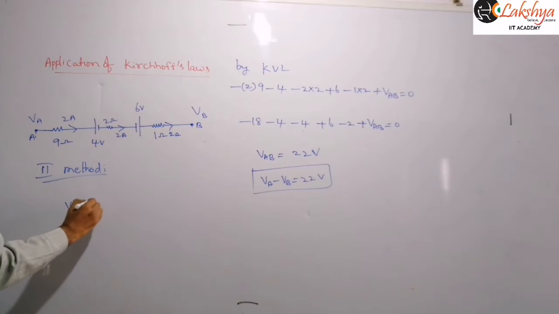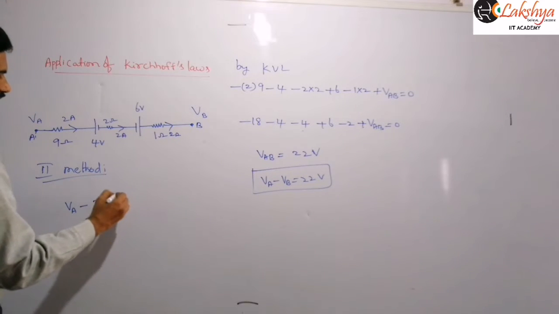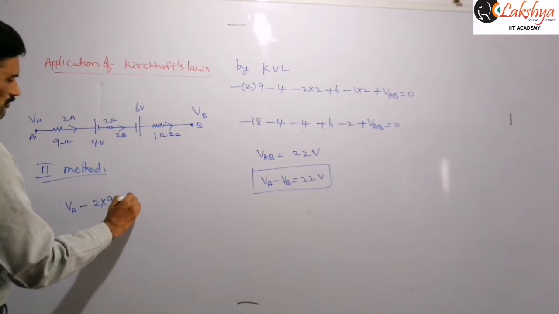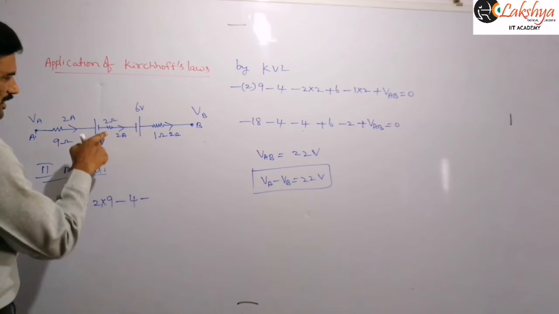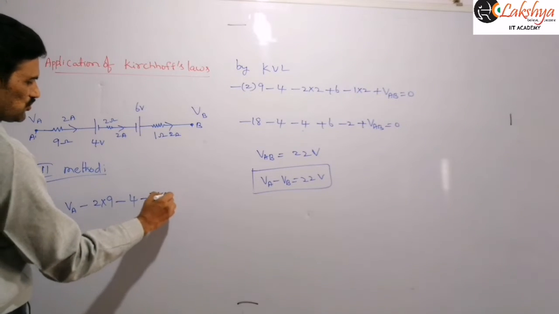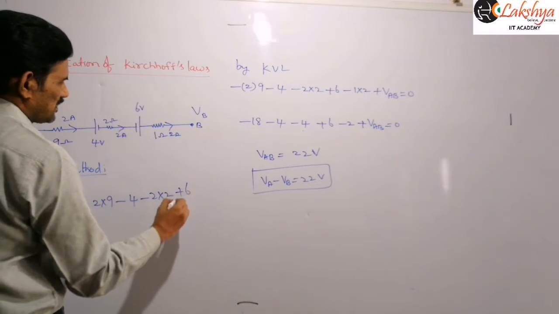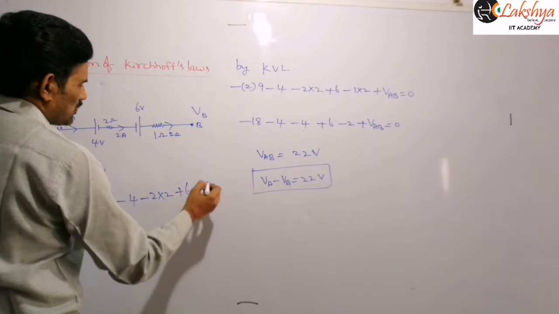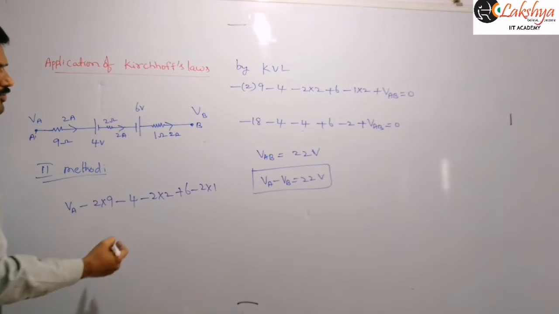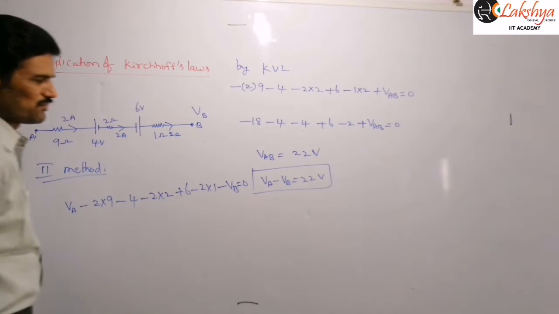So minus IR, that means 2 into 9, and this is again minus 4, we are traveling from positive terminal to negative terminal, and here in the direction of current 2 into 2, and here positive to negative to positive, so it is plus 6 and minus 2 into 1. So then for this final point we need to write minus VB, this value is equal to 0.